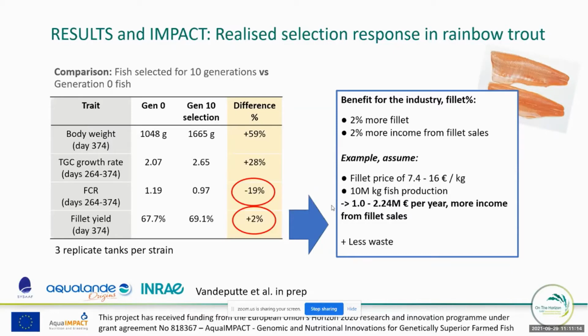And there's an additional benefit that there will be less waste from these fish. In both of these cases, the selection has been based on pedigree-based selection. Additionally, for example, FCR is improved indirectly, so that we select for rapid growth, body composition, some morphological indicator traits. And this will lead to improvement in FCR and fillet percentage.